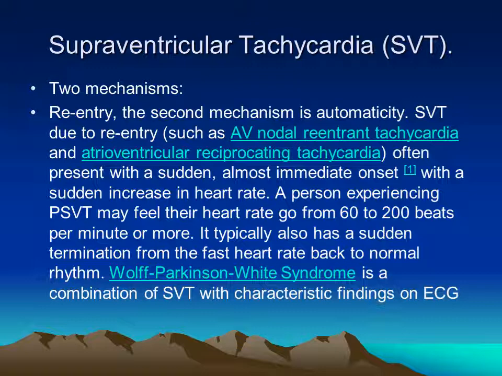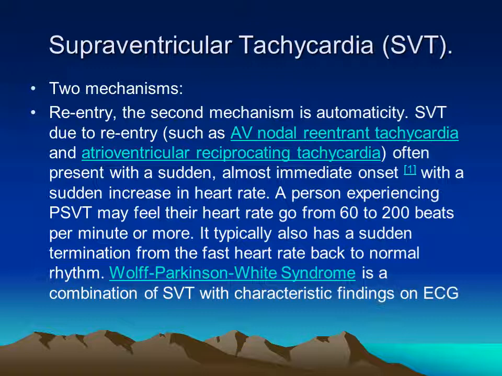Supraventricular tachycardia. In general, SVTs are caused by 2 separate mechanisms. The first mechanism to cause SVT is re-entry. The second mechanism is automaticity. SVT due to re-entry, such as AV nodal re-entry tachycardia and atrioventricular reciprocating tachycardia, often present with sudden, almost immediate onset with a sudden increase in heart rate.